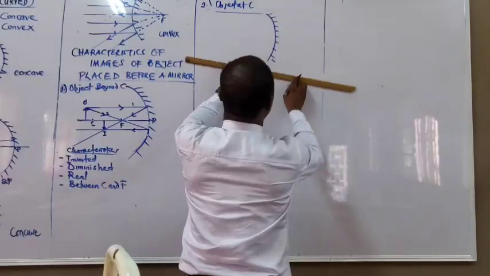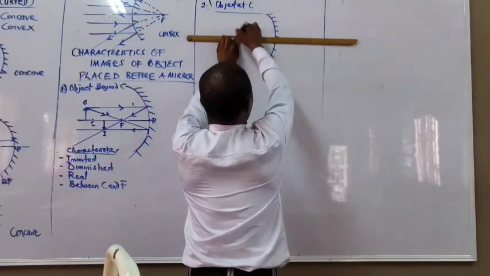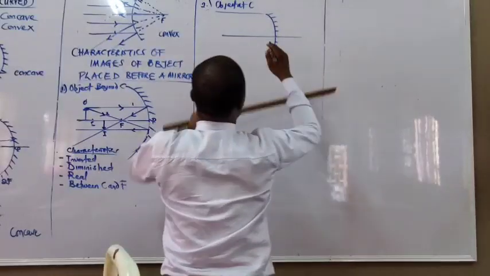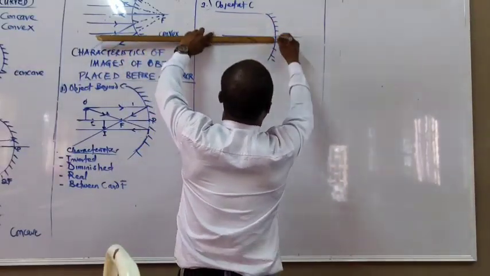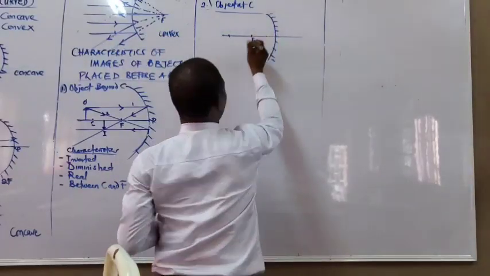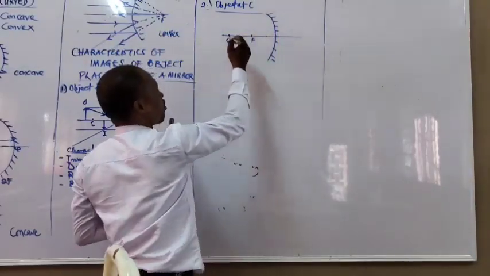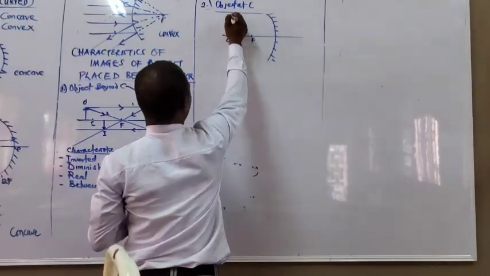Draw the mirror, then draw your principal axis, measure it, you can measure this. This is the focus and this is the center of curvature. I am drawing an object at C.